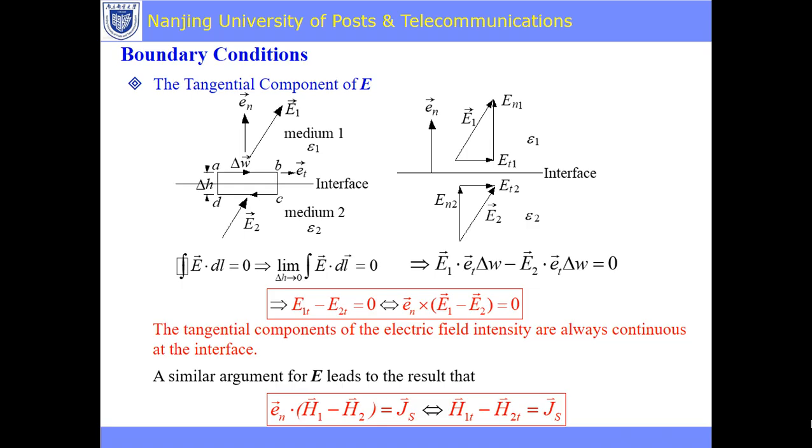They are continuous. What about H? It is equal to the surface current density Js, where H1 is medium 1 and H2 is medium 2.